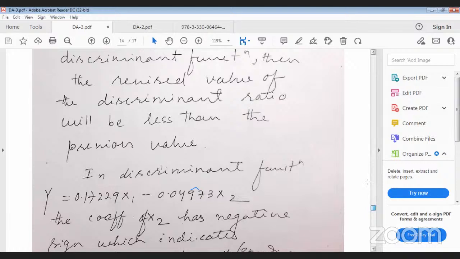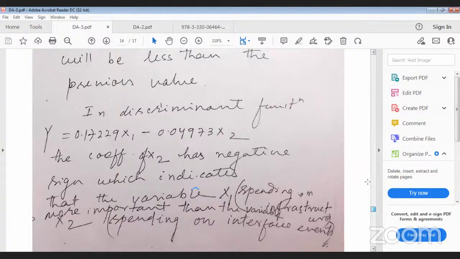The coefficient of x2 is negative sign, which indicates that the variable x1 is more important than the variable x2, since x2 is coming negative and x1 is coming positive. Negative of 0.049, and here it is coming 0.17. That means variable x1 is more important to discriminate whether it is coming under the below group or above group.